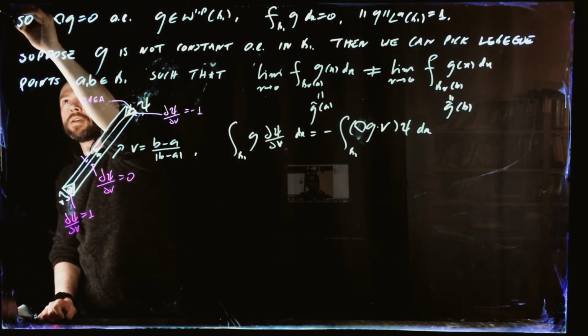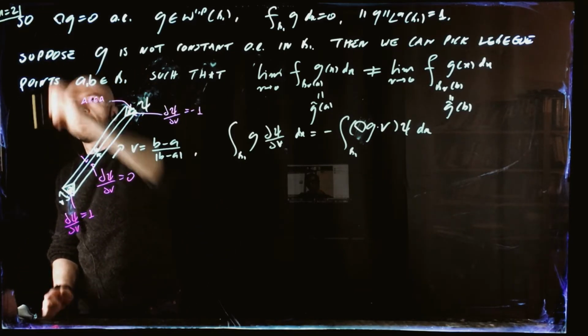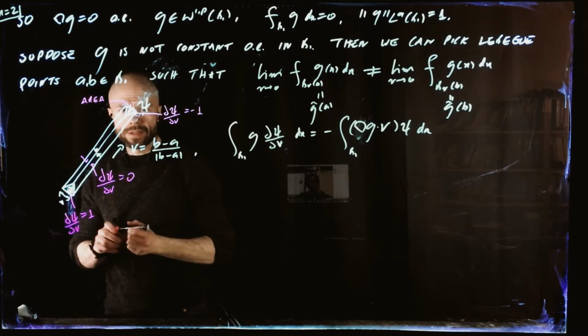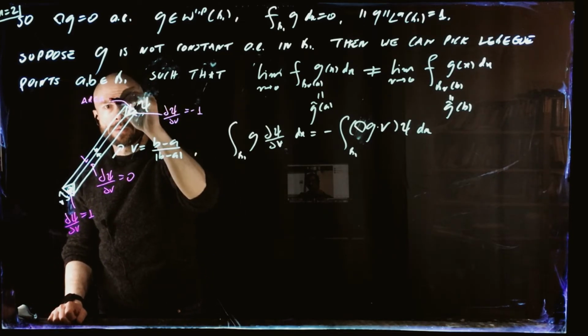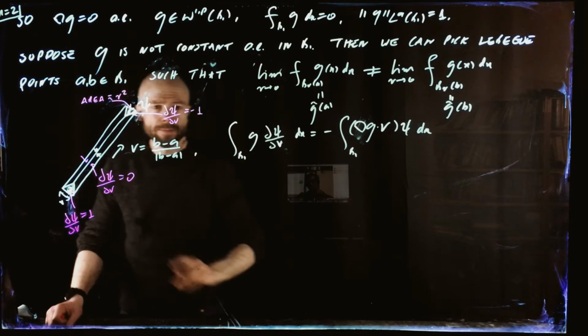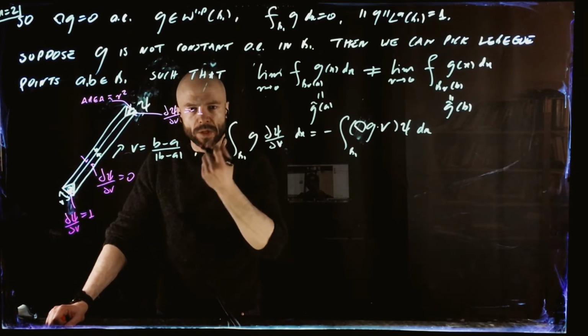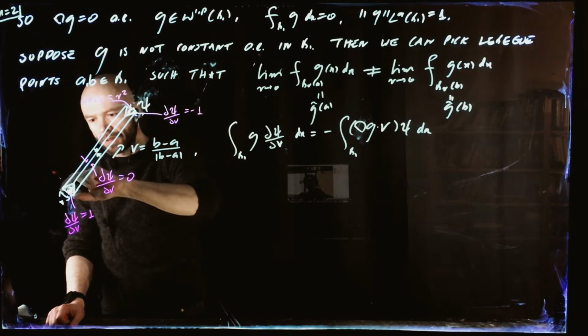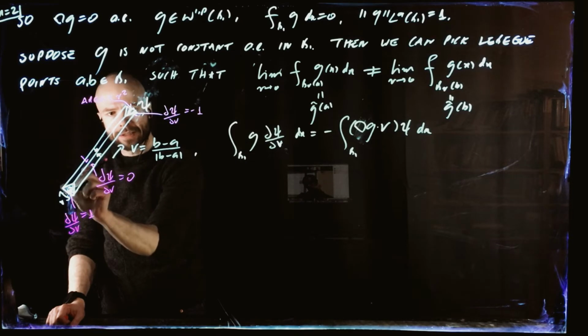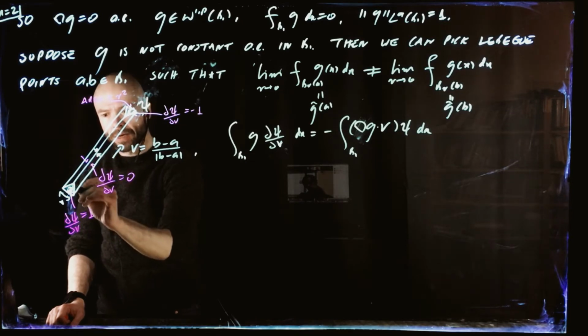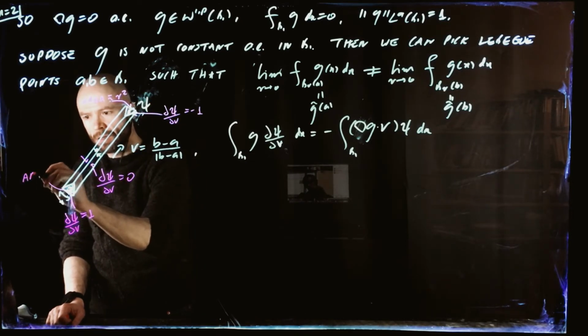Let's do this n equals 2 special case. So then the area of this thing is approximately r squared, because it's a triangle with its sides approximately equal to r. So this thickness is r, so this side is about r, and this side's about r, so the area is about r squared. And the same for this, yeah?